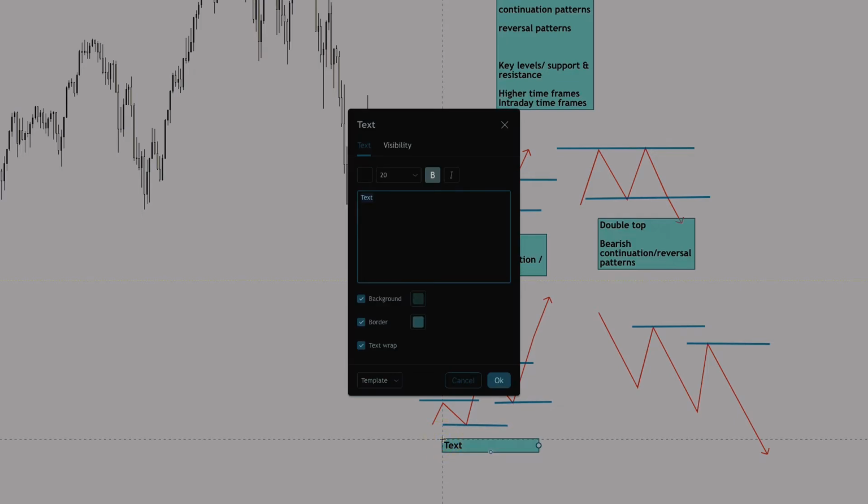So I'm going to write this down. Engulfing candles, bearish, bullish engulfing, bearish engulfings, as well as exhaustion candles.